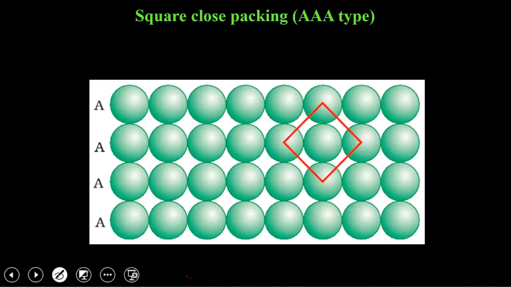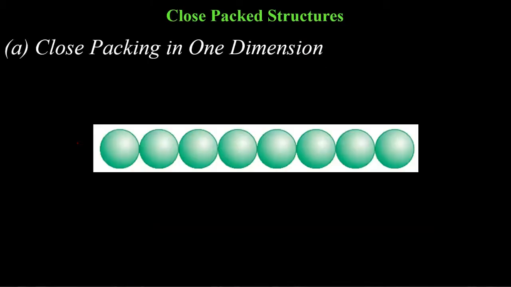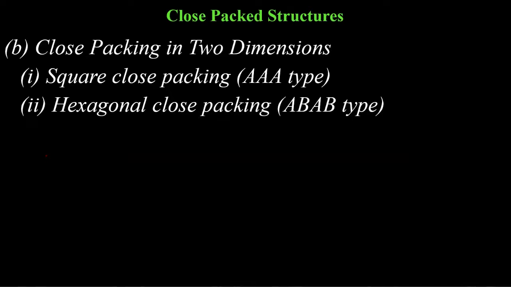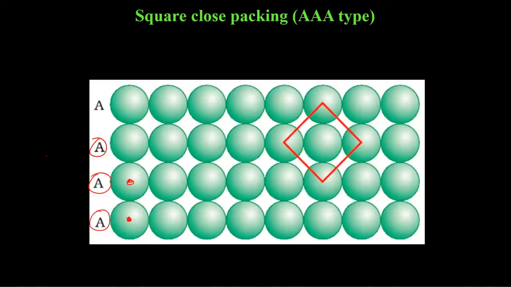The atom which is above is at the same position as the lower one. So this is called AAA, because we have the same type of arrangement. If we consider this as the A arrangement, then all are similar in this case.